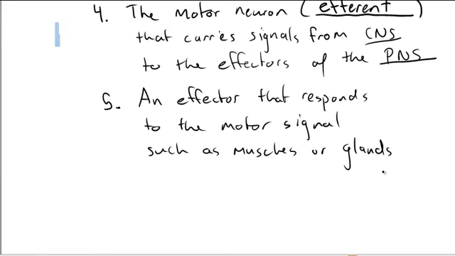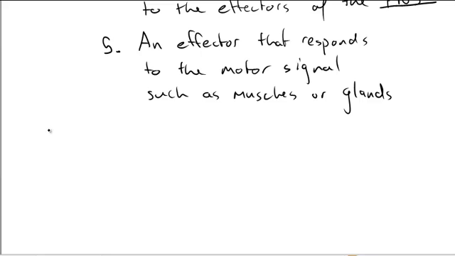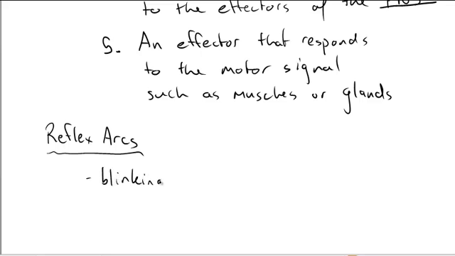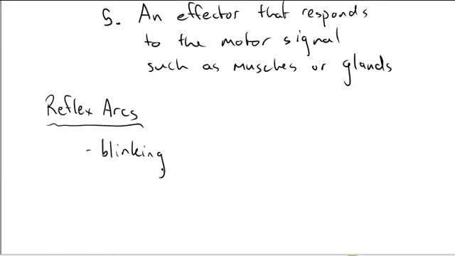Now some examples of reflex arcs. Blinking, both unconscious and when something comes close to your eye. There's the knee-jerk reaction, which is actually due to hitting your patellar tendon.